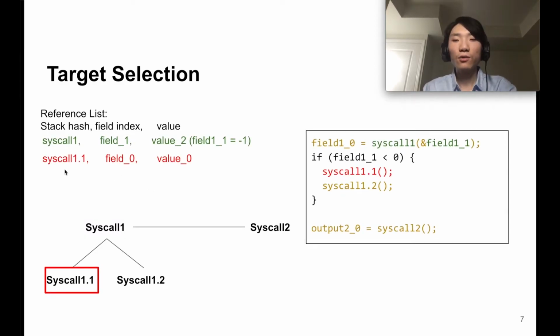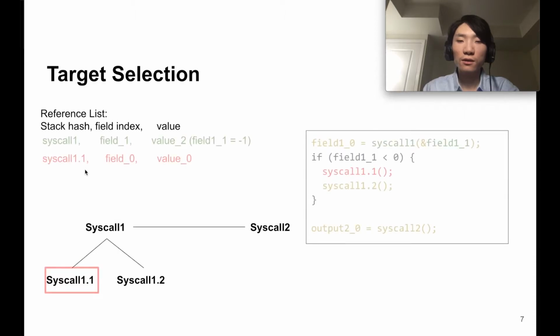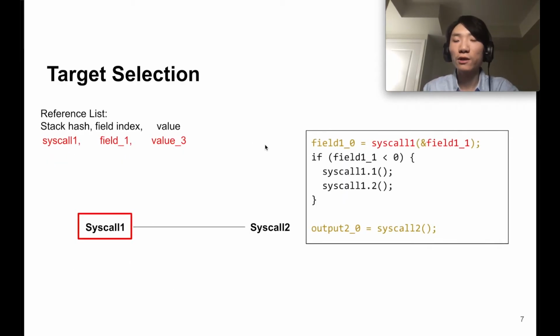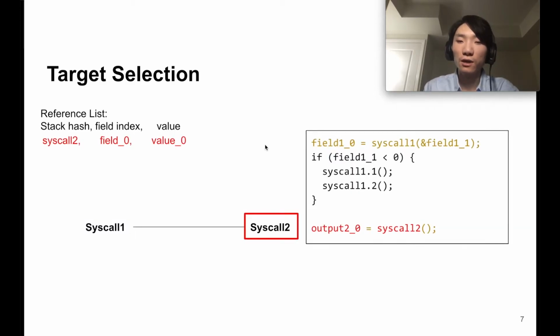To make syscall 1.1 occur in the next iteration, we'll try to replace the previous execution path by mutating syscall 1 with its value recorded in the reference list. After finishing analyzing syscall 1.1, we move to syscall 1.2. And then we go back to syscall 1 and continue trying the remaining values. Finally, we will move to syscall 2 and so on.